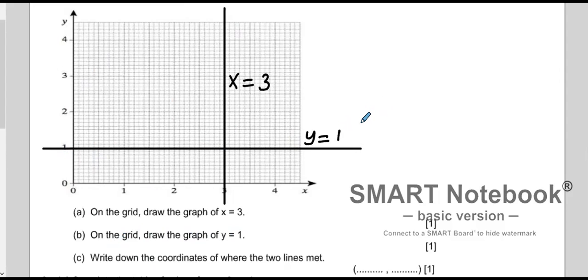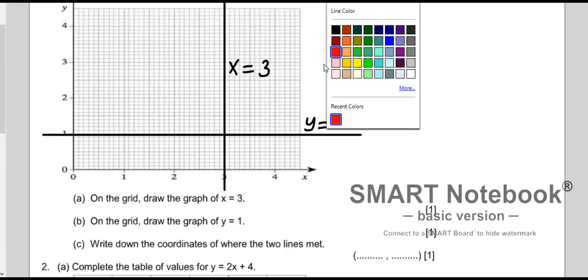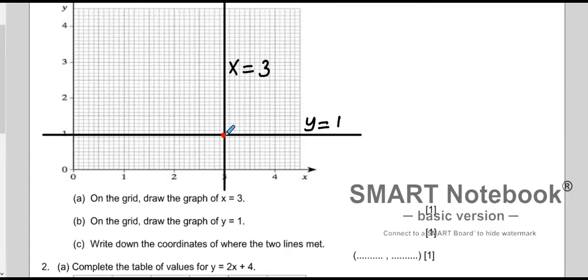Write down the coordinates of where the two lines meet. All right, so the two lines meet somewhere here. Let us put a mark where the two lines meet.